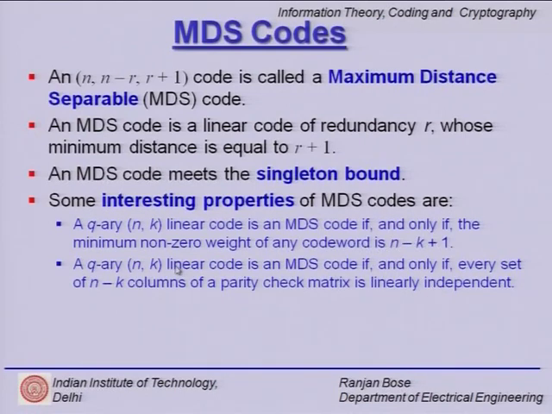We can verify these two properties of MDS codes. We will see that binary MDS codes rarely exist, and we will have to go to q-ary codes for getting meaningful MDS codes. When we talk about Reed-Solomon codes, we will find that they are indeed maximum distance separable codes.